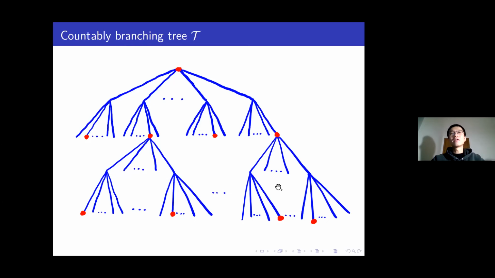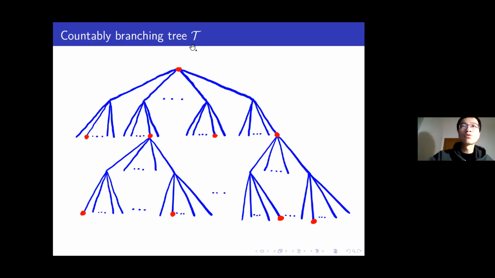So finally you get a collection of red points, which forms a subset of the tree T. And this subset is actually 2-isometric to the whole tree T, meaning that it is isometric to T up to a constant 2.